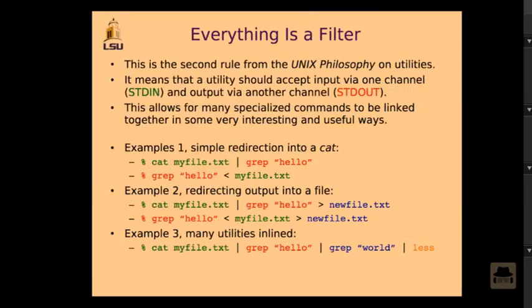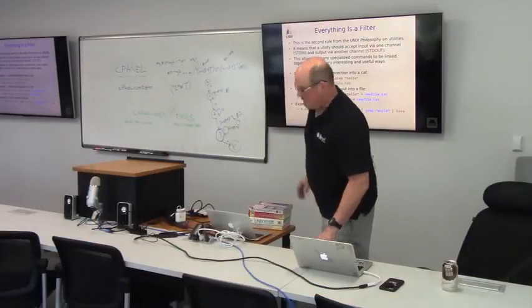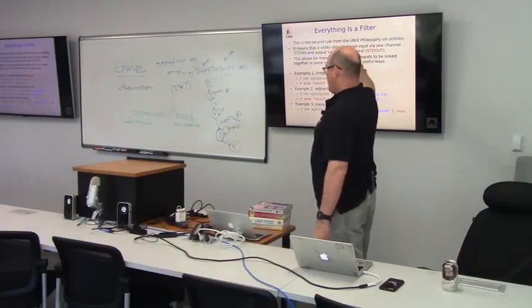So you're getting all lines that say hello, and then from that set of lines, you're going to get all lines that say world, and then you're piping it into this pager so that rather than redirecting it to a file, you have a way to manage looking at it on the screen instead of seeing it all spew forward. Okay, any questions about this? I'm trying to rush through, but this is really one of the key points.